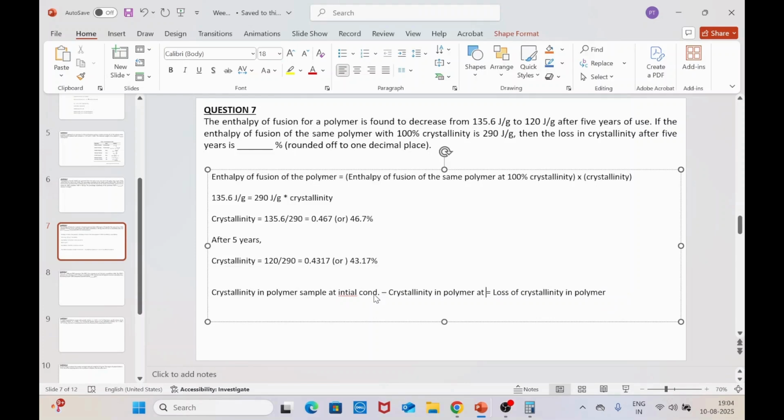The absolute value of the answer should be written. So that is 46.7 minus 43.17. So what is that value? 5 point something?